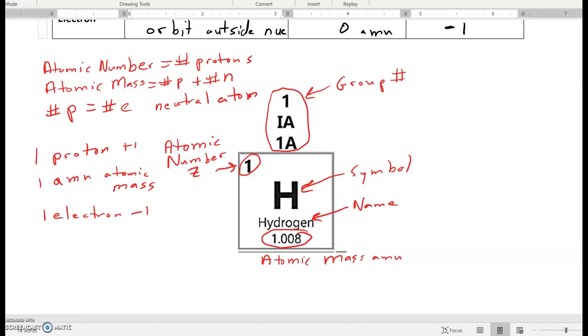You need a negative charge to create the neutrality. And because the atomic mass is 1, there are no neutrons. So hydrogen has 1 proton, 1 electron, and no neutrons.